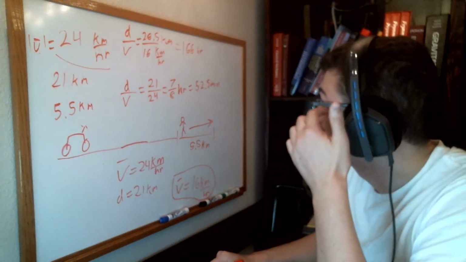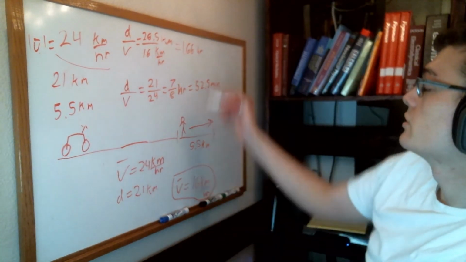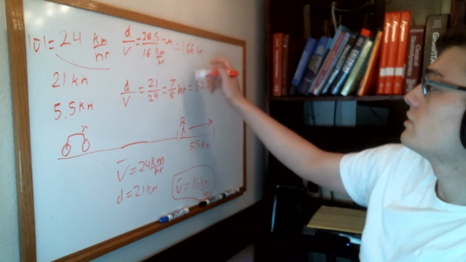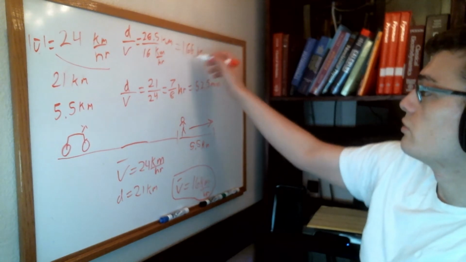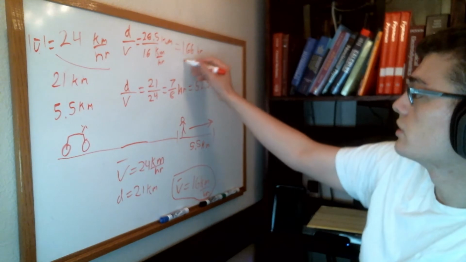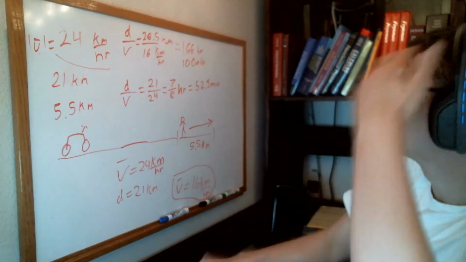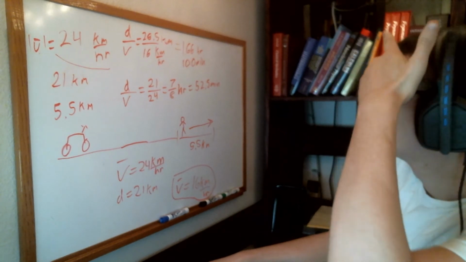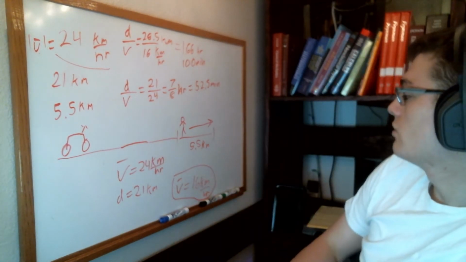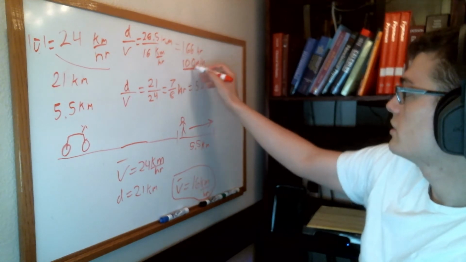Now we can convert that into minutes. I'm rounding here, but this is going to be 60 minutes for the 1 and 40 minutes for the 0.66, so this is going to be 100 minutes here. And now we have found how long we want our entire trip to be.